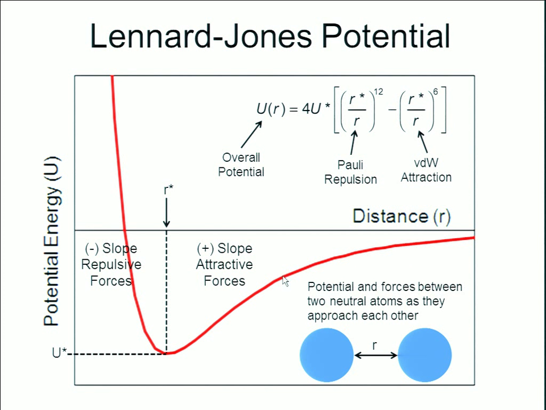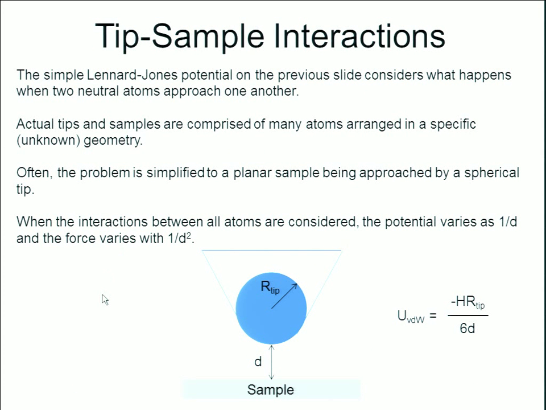The positive slope is telling us we have an attractive force, then no slope means no net attractive or repulsive force. As we continue to push it closer, we get those repulsive forces. This Lennard-Jones potential model basically considers what happens when these two neutral atoms are approaching one another.